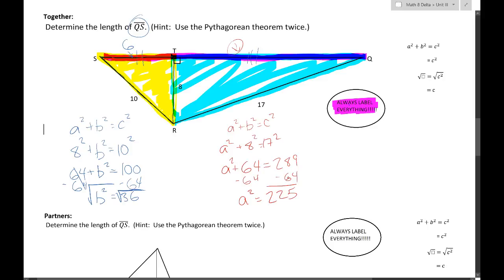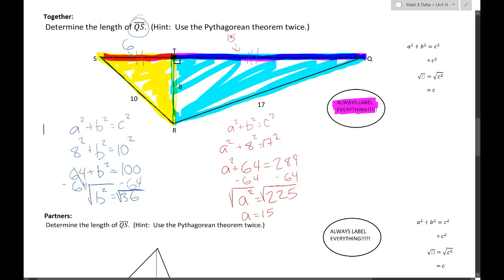But again, I found a squared. I don't want a squared, I want a. So I square root these, and I find out that the square root of a squared is a, and the square root of 225 is 15. So this leg right here is 15.